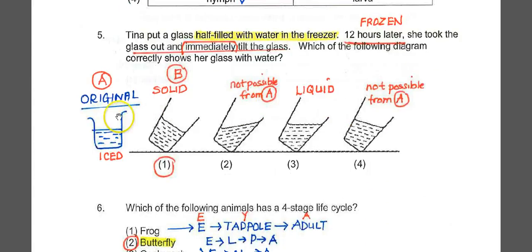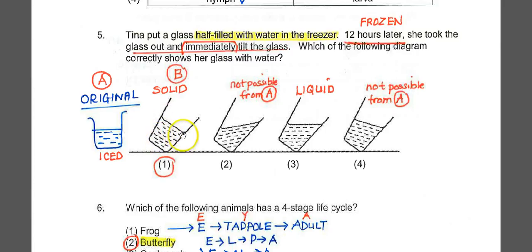Now, if this thing was originally placed in the freezer, the water would have been frozen, become ice. Originally, ice taken out of the freezer after 12 hours is frozen. When taken out immediately, you tilt it, it will not flow. It will behave like a solid, ice solid.